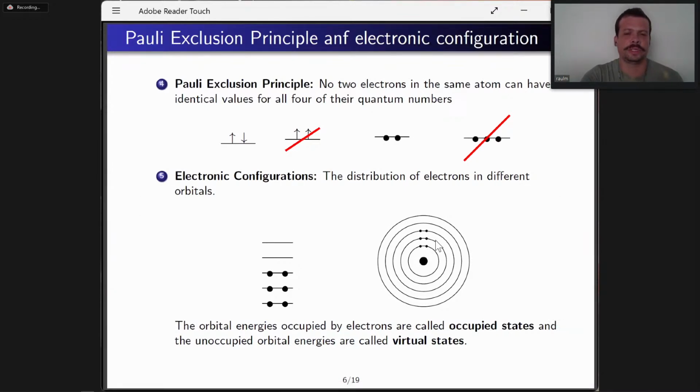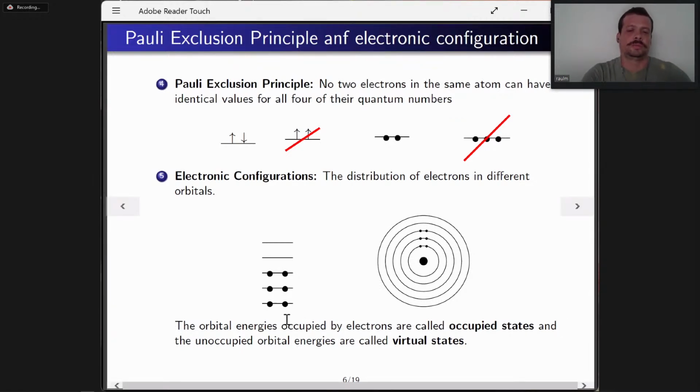A simpler way to depict this image is by just using these orbital energies and electrons. This is the ground state configuration, also called the reference configuration, where all the electrons are in the lower orbital energies.